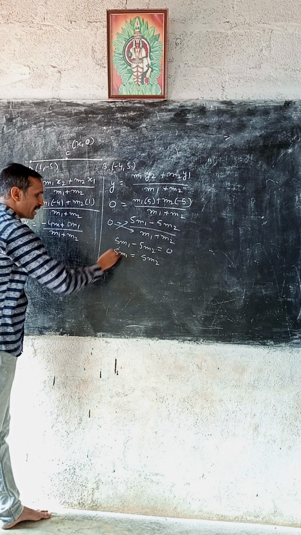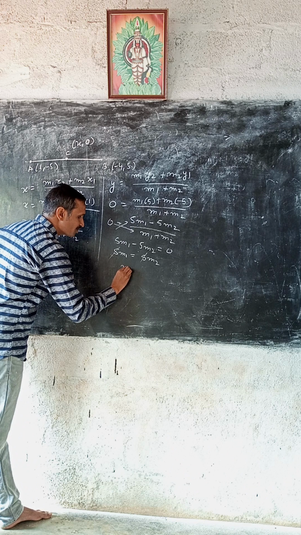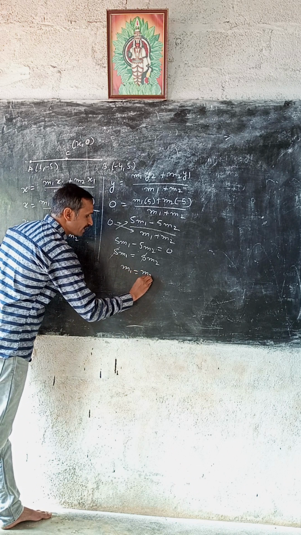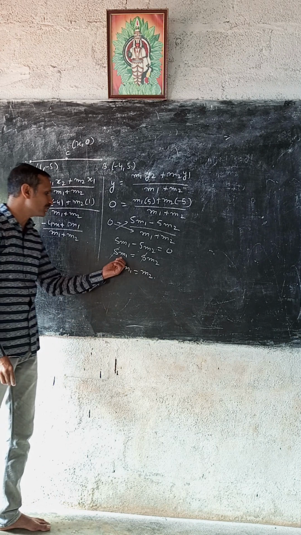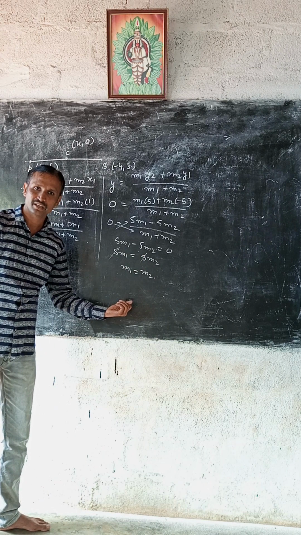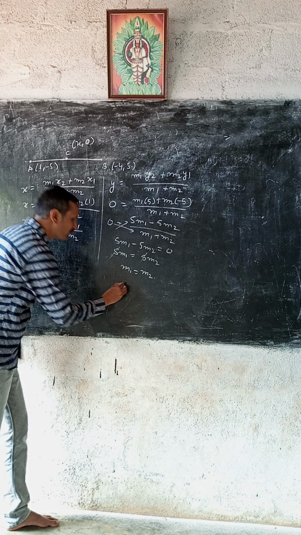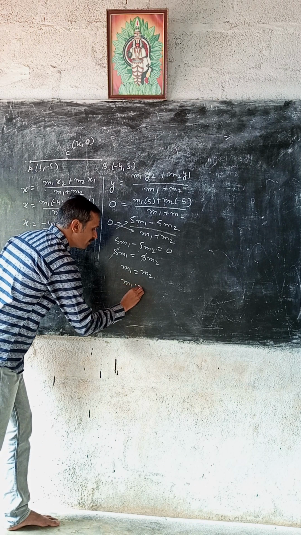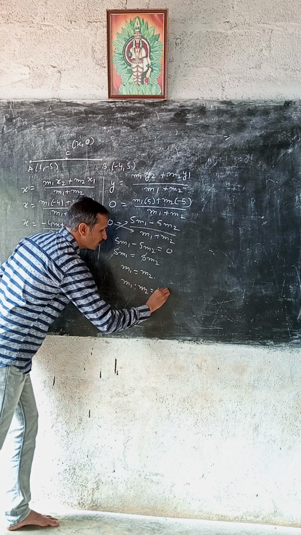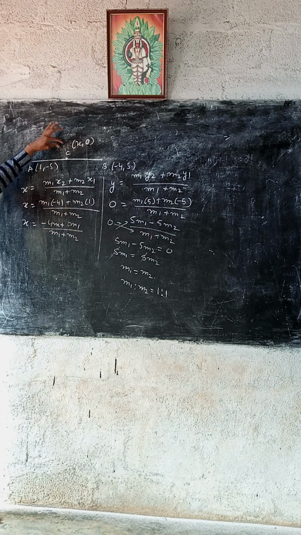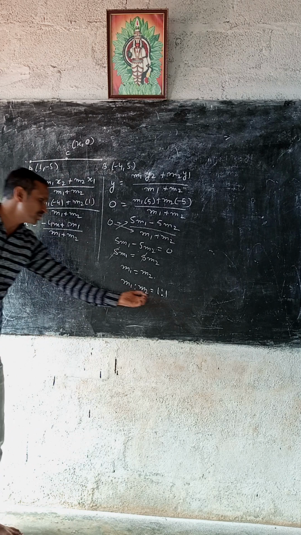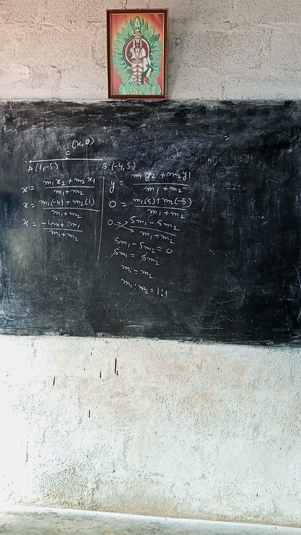Cancelling 5, m1 is equal to m2. So the ratio is 1 is to 1. Otherwise m1 by m2 is 5 by 5, which is 1 by 1. This means the point is the midpoint. So the ratio came 1 is to 1.